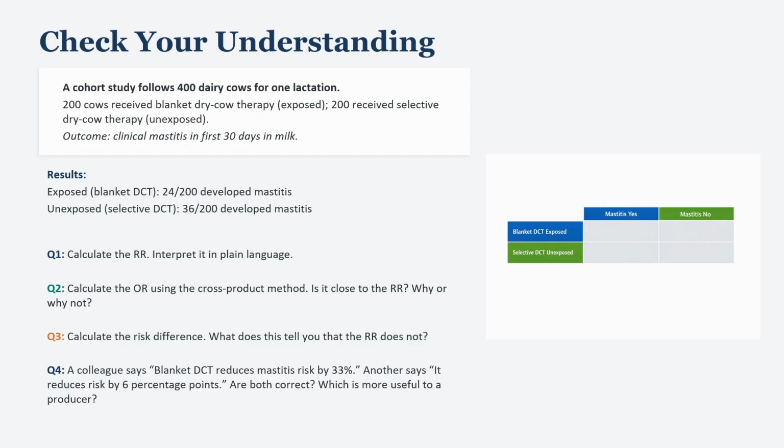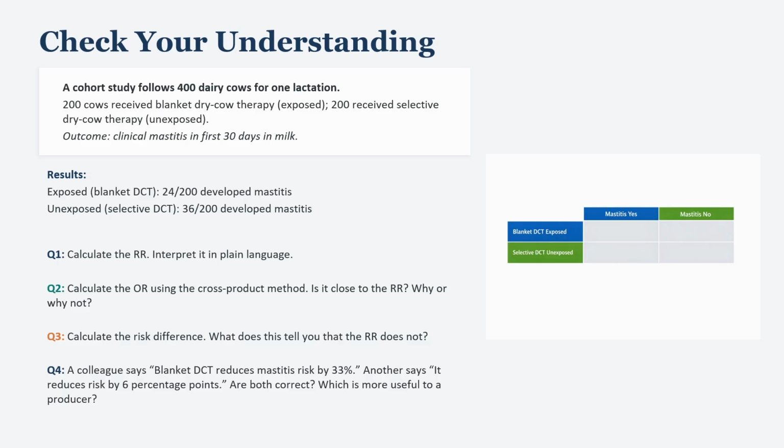Relative risk. Risk in the exposed equals 24 divided by 200 equals 0.12 or 12%. Risk in the unexposed equals 36 over 200 equals 0.18 or 18%. Relative risk equals 0.12 divided by 0.18 equals 0.667.